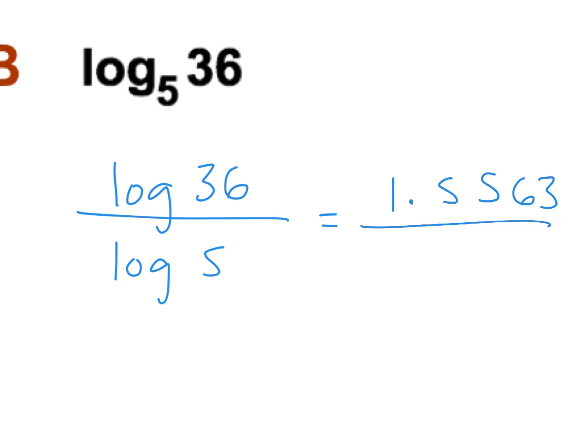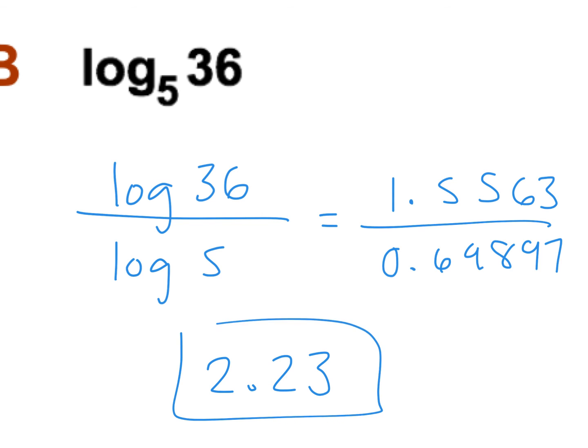And then we need to do the log of 5 in our calculator. We get 0.69897. And then we divide. So I got 2.2, we can round up here, so 2.23, if you just want to round to 2 decimal places.